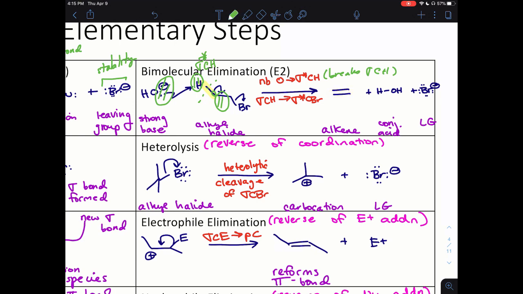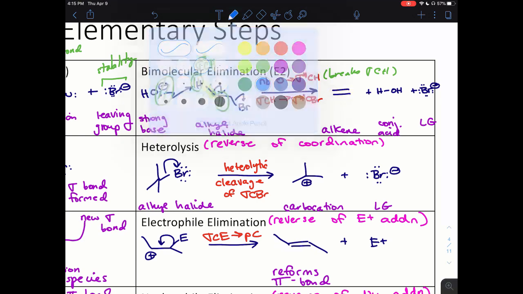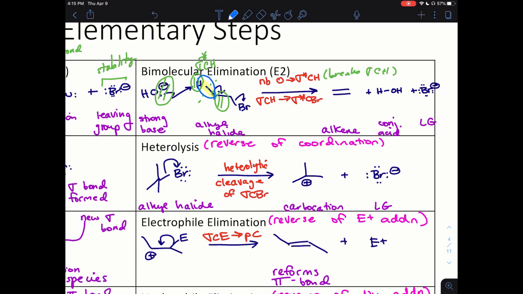And they do that by overlapping with sigma star CBr. So that's described right here. We have sigma CH overlapping with sigma star CBr.